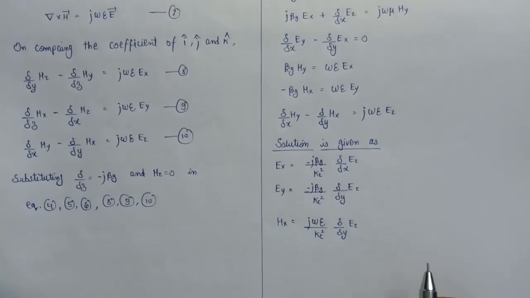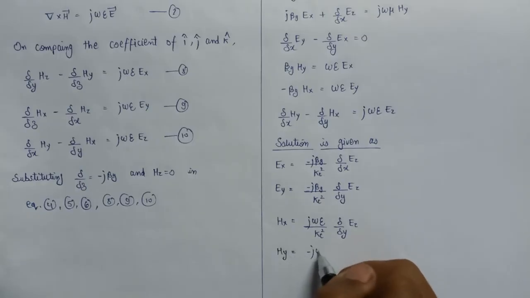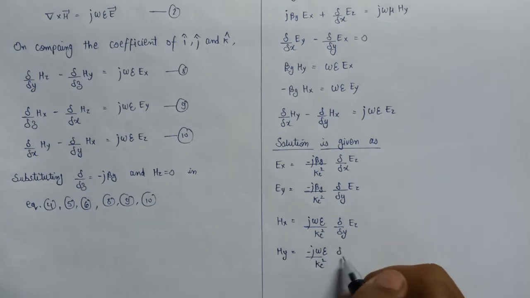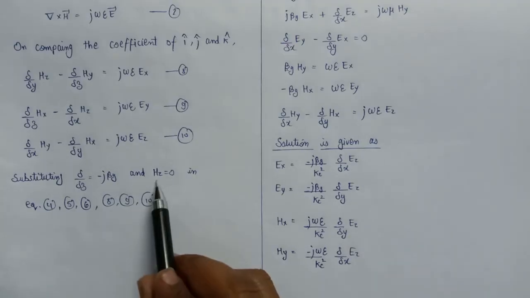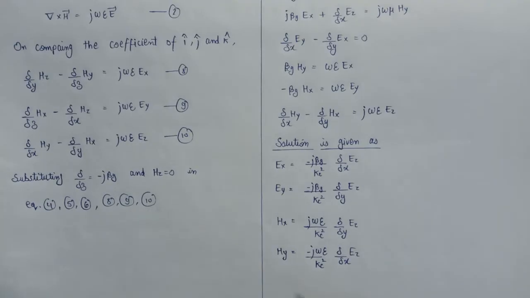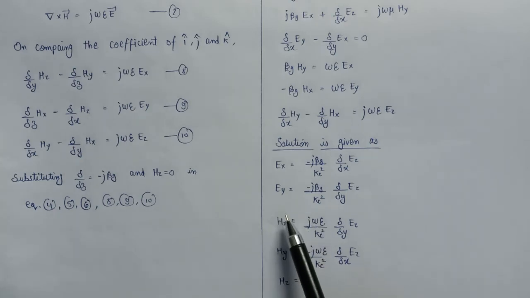And similarly, if we calculate the value of Hy, then it will be equals to minus of j omega epsilon over kc square into del over del x of Ez. And since we assume that the value of Hz is equals to 0, here one component is missing, that is Ez.